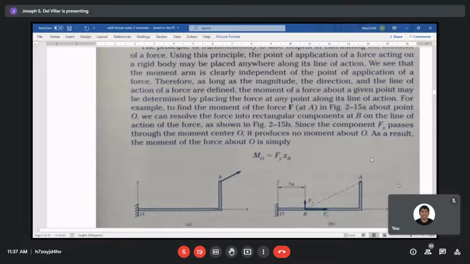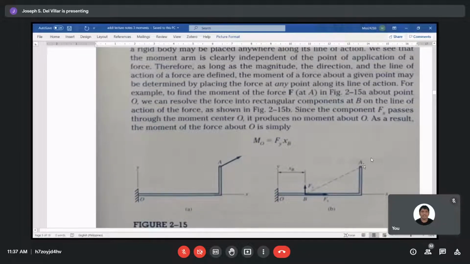So mula sa point A, transfer niya dito sa point B. Bakit sa point B niya transfer? Kasi kapag sa point B, ni-resolve mo yung original force, isa sa mga component dumaan sa pivot.